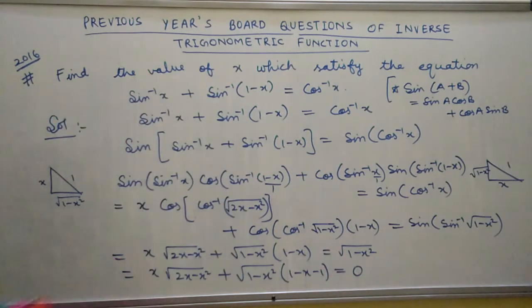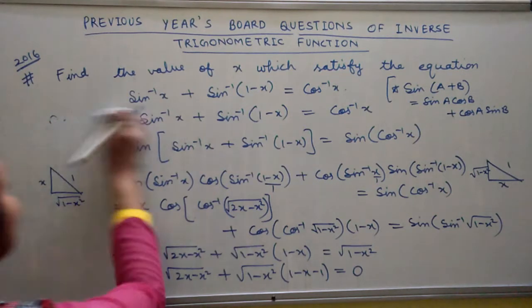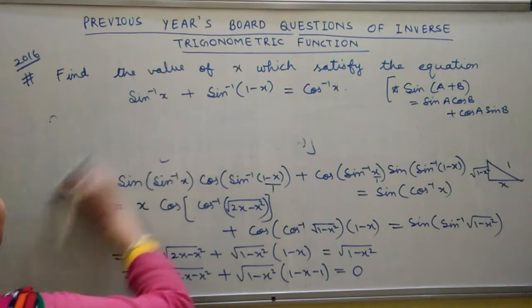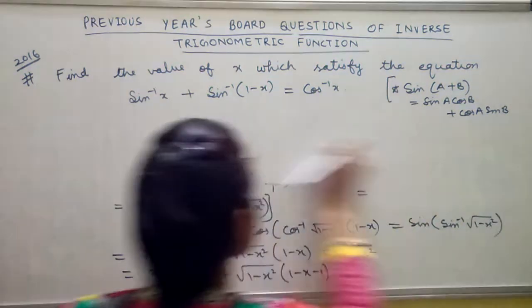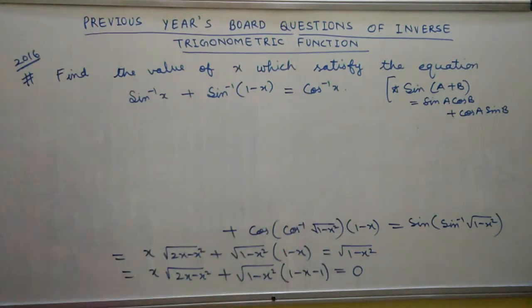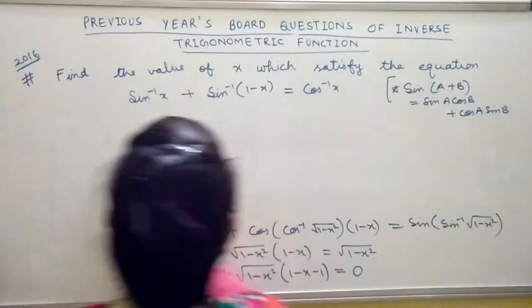Right? Now come to the next step. What will happen in the next step? In the next step, I will cancel out one term. What is that term which is cancelled out here?